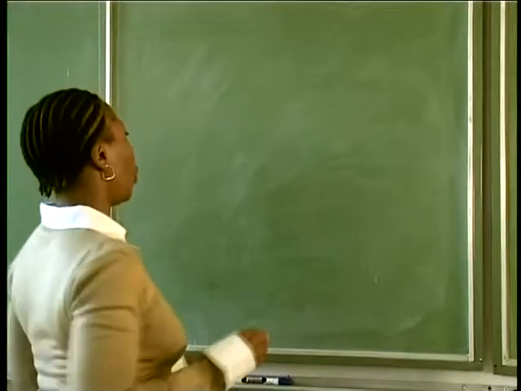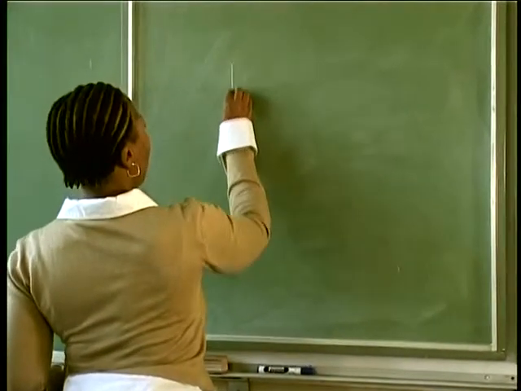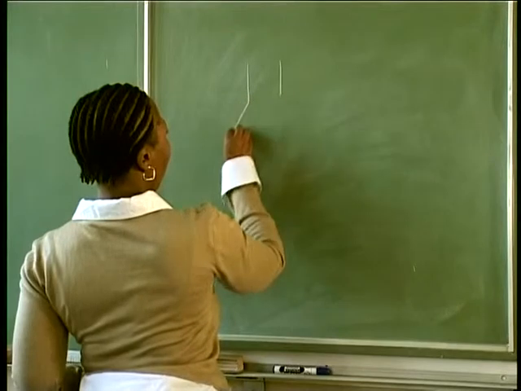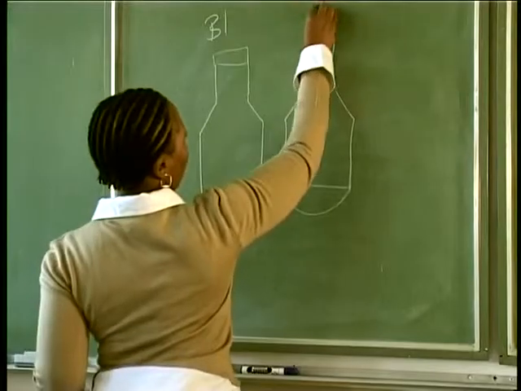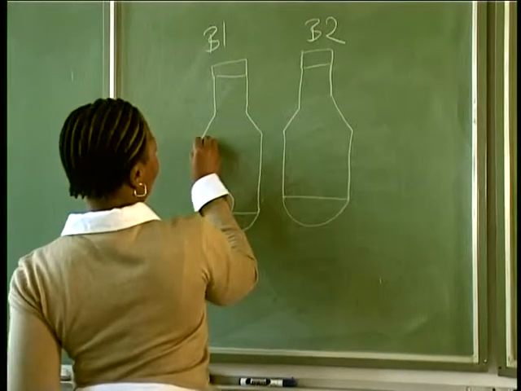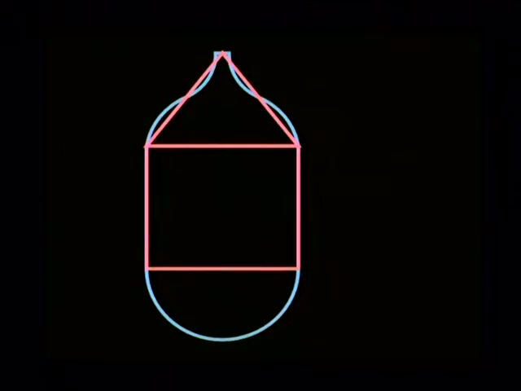Let's do an illustration. Okay, let's do bottle 1. We'll say this is bottle 1, bottle 2. The top part is almost a triangle, the middle part is a rectangle, and the bottom is a half circle.